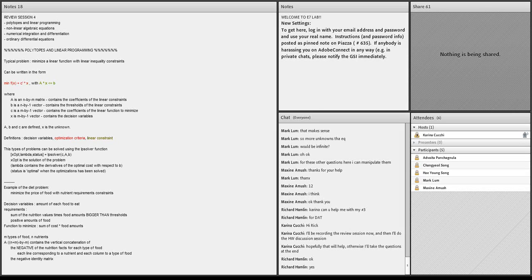So remember that one of the tricks here was to multiply A by minus 1 to make sure that you have the linear constraints in the correct order. So you wanted to have the nutrition values bigger than the thresholds, so you multiplied the nutrient values and the threshold by minus 1 so as to have the linear constraint in the correct order.